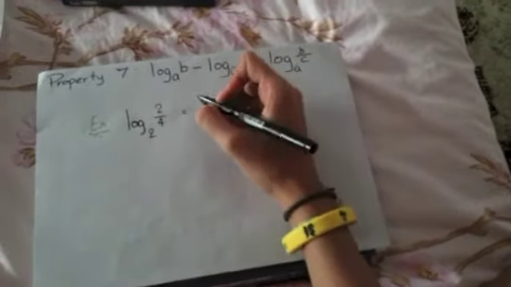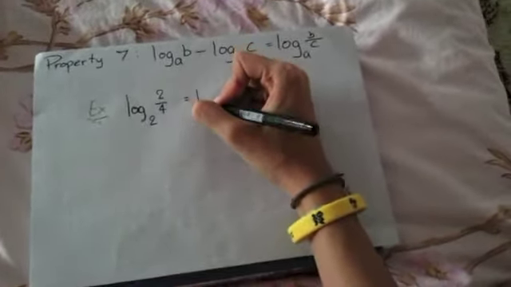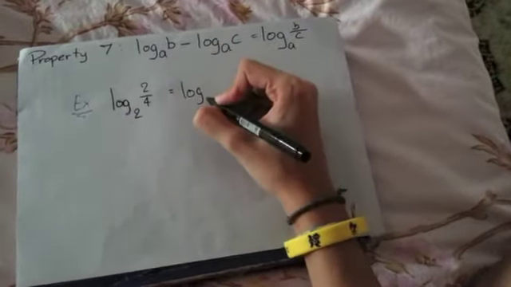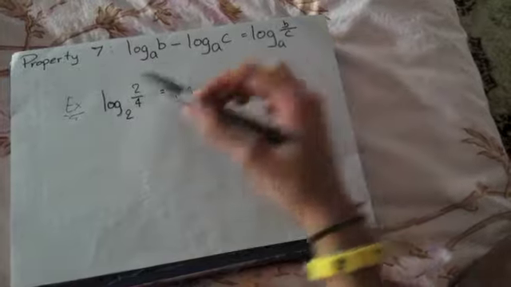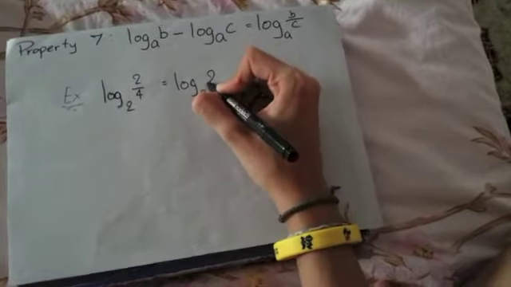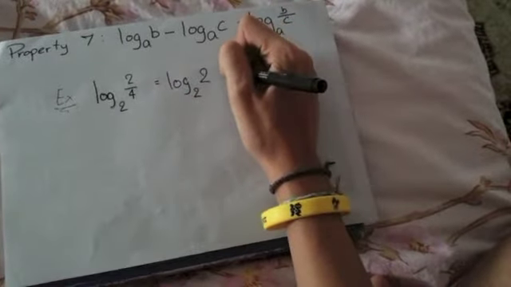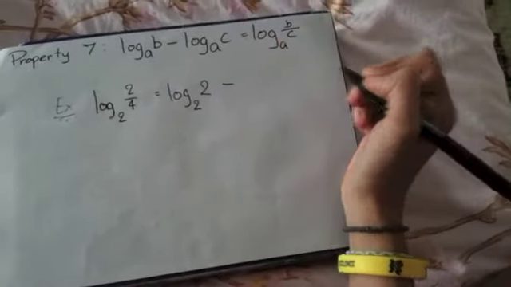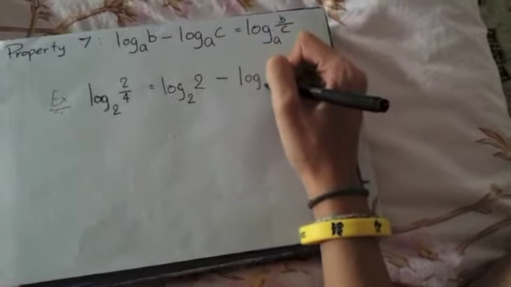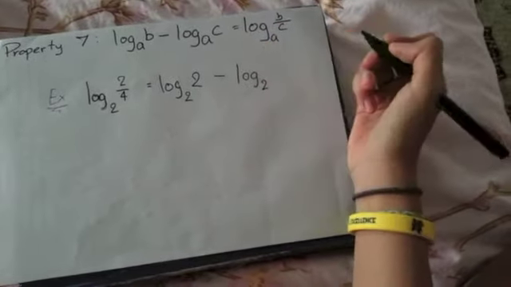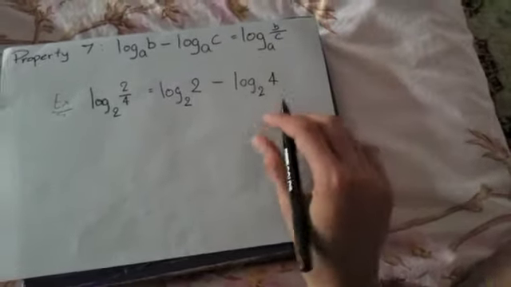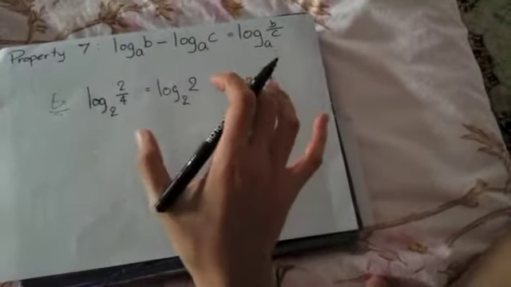It's gonna be equal to log, there's a, so 2, and b is up there, so log 2 in base 2 minus log 2 again. It's gonna be 4 up there, so 4 in base 2. So now you get this.